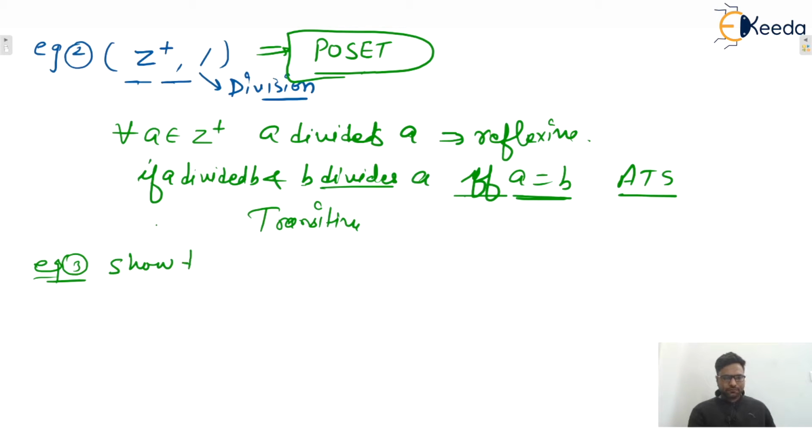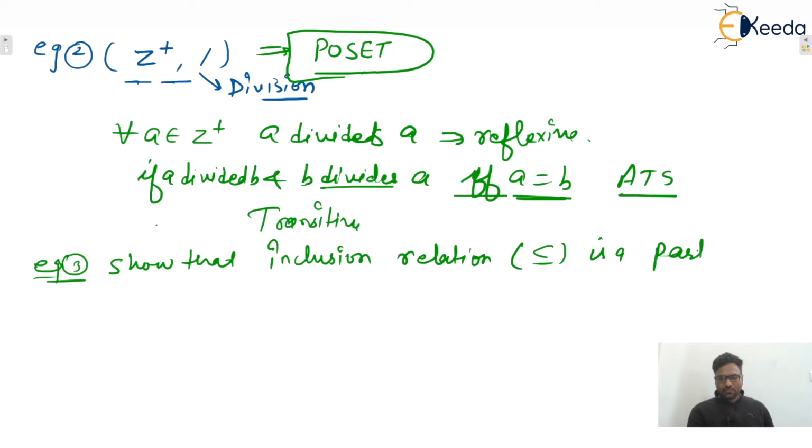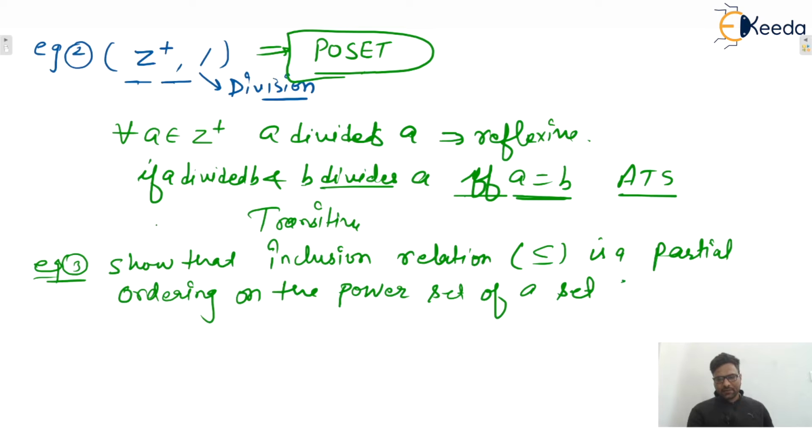So that inclusion relation, inclusion means subset, is a partial ordering on the power set of a set capital S, isn't it?